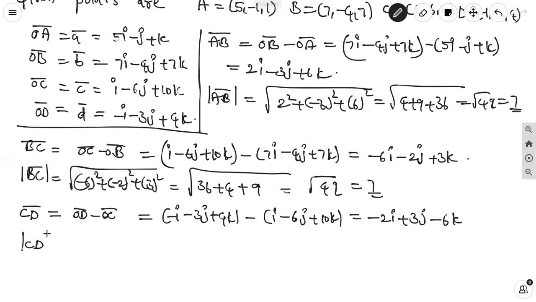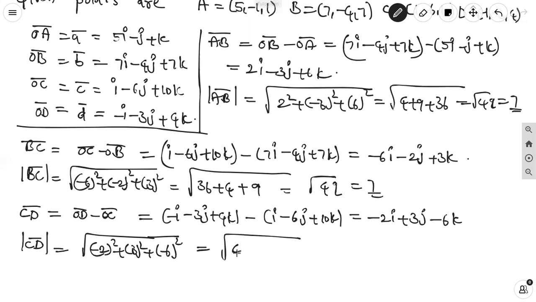Modulus of CD is the magnitude, the square root of (minus 2) squared plus 3 squared plus (minus 6) squared, that is 4 plus 9 plus 36. Root 49 is equal to 7.